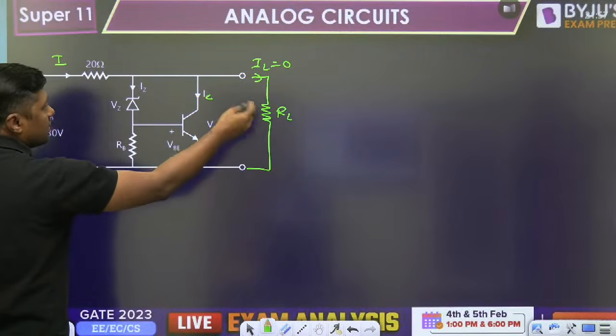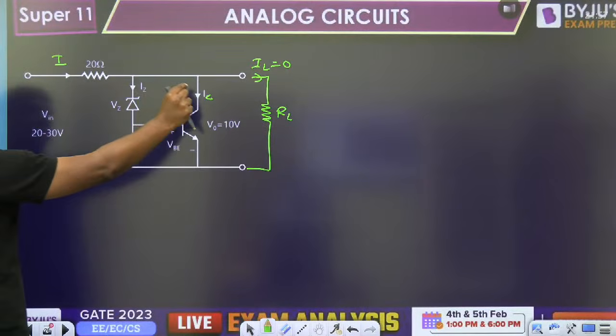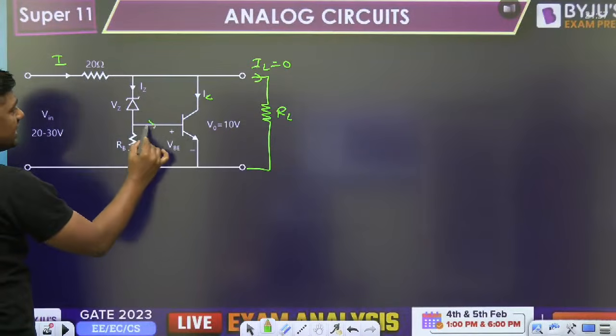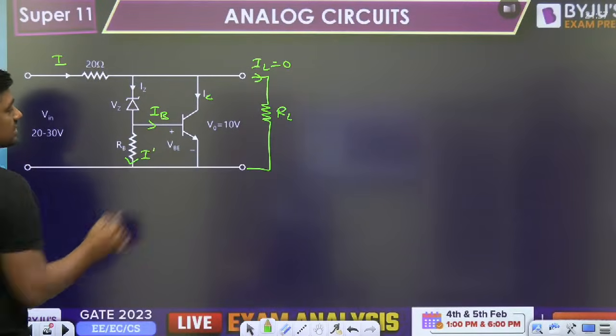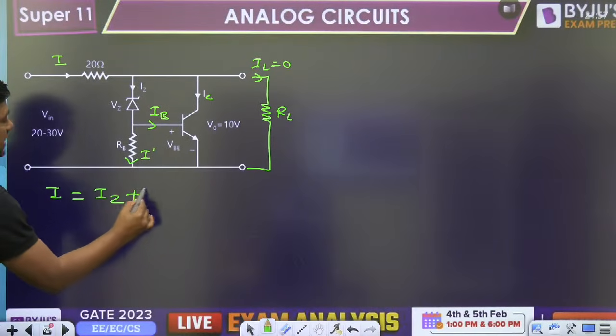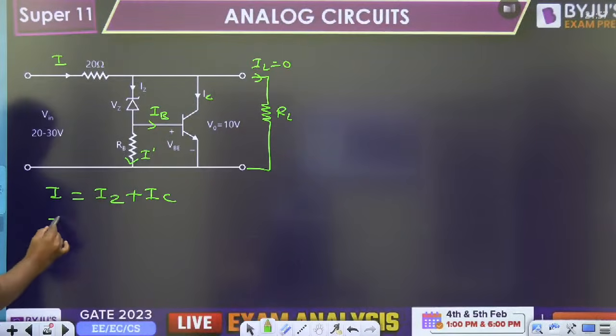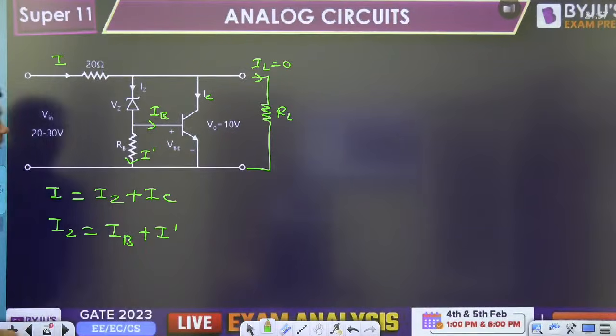If it is given, then remove it. Then IZ and IC. IZ is again divided into IB and IDES. So I is divided into IZ plus IC, and IZ is divided into IB plus IDES.